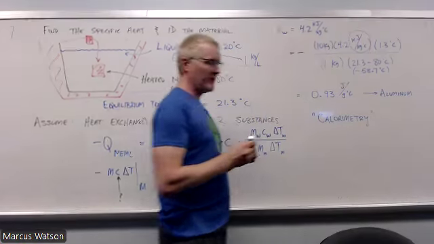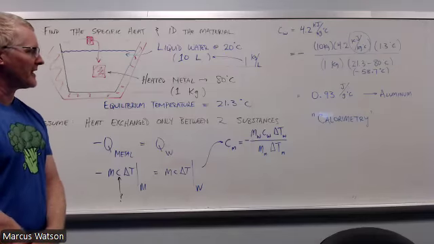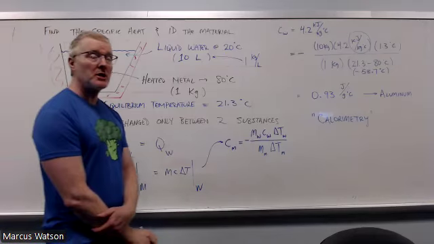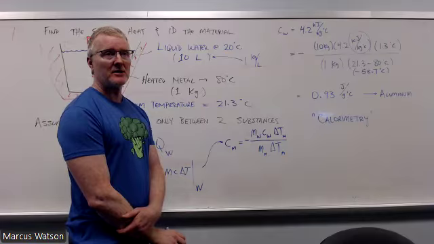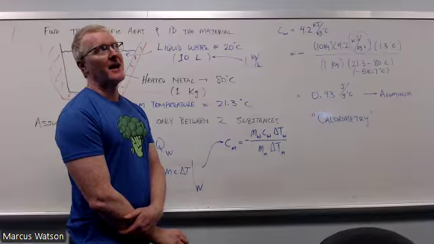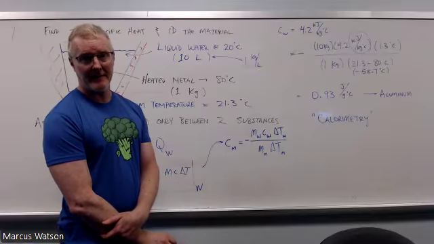And it's a very quick and easy way to find the specific heats of substances, and also to find how much energy something can increase the temperature of water by.